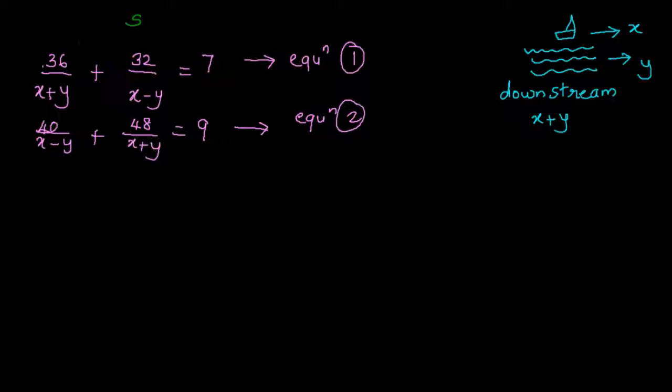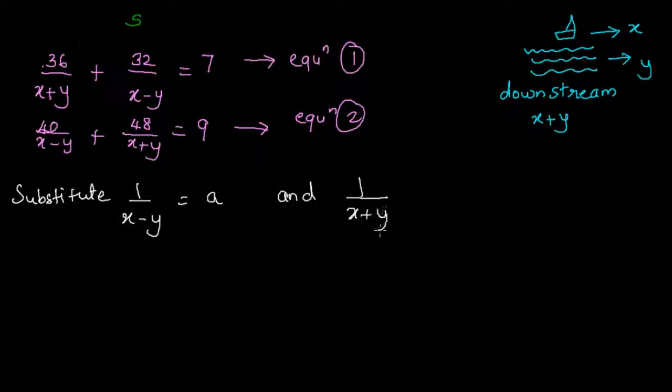But x and y are in the denominators, so we will be substituting. Substitute 1 upon x minus y as a and 1 upon x plus y as b.